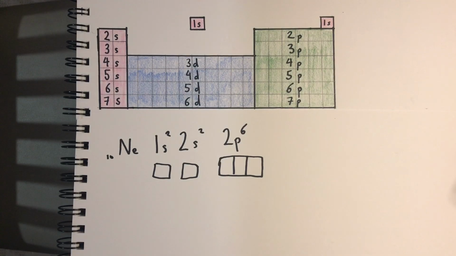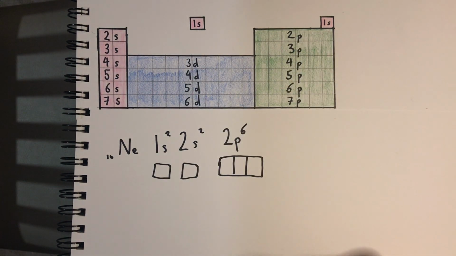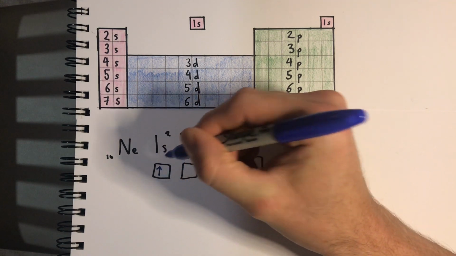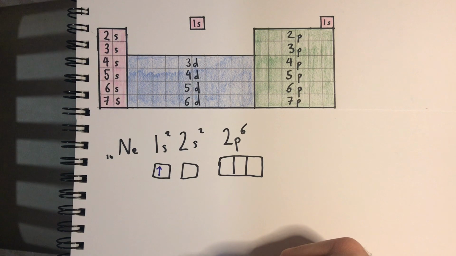So when filling in the electrons using the box and arrow method, you will use arrows to represent the spin of the electron. So electrons can have either upward spin or downward spin. So for example, we have neon there, the first electron you draw up.